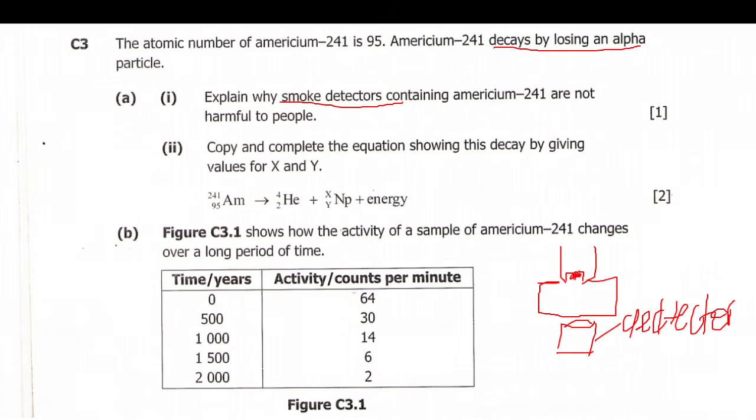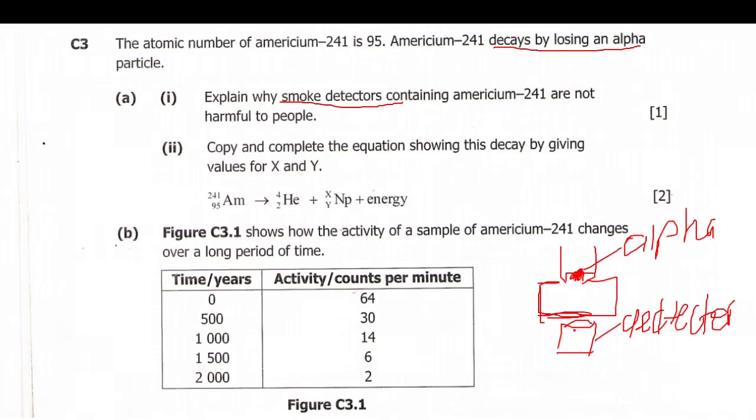So this one is decaying, producing alpha particles. So these alpha particles, when they come here, they ionize some air, they pass here.